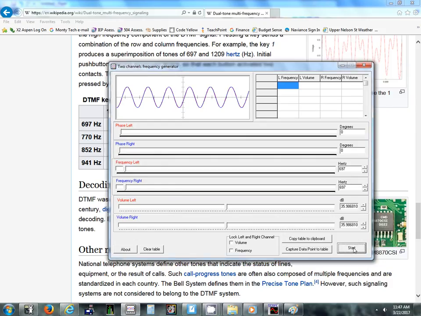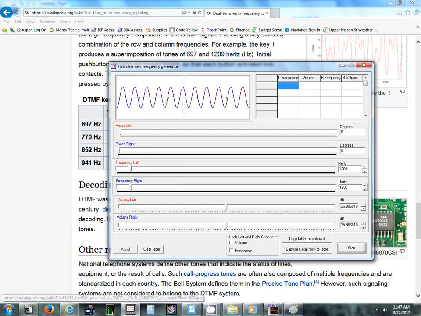That doesn't really sound like a button when you press it on the phone. The other frequency is 1209. And again, if you play that one by itself, that doesn't really sound like a button you're pressing. But the key is when you play them both at the same time, it's going to sound just like you're pressing a button on the phone. There's two tones played at the same time, and the way they mix together when you play them, that's the sound you hear.